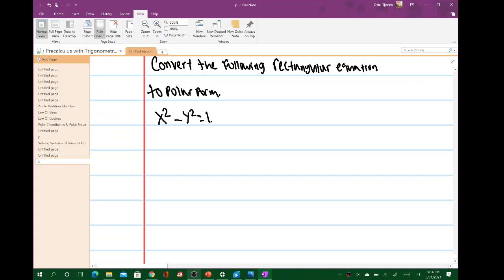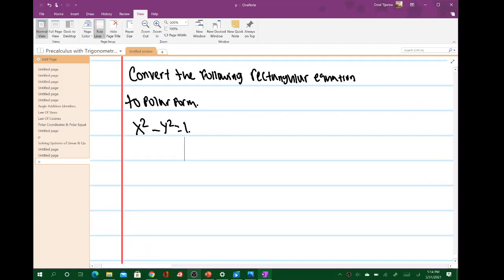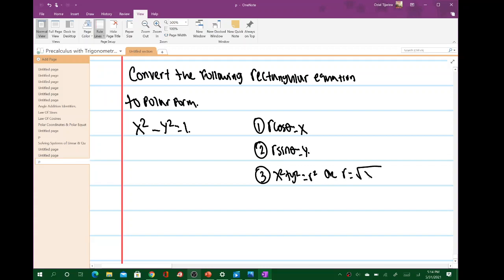And so the way that we do this, obviously, we want to again list what we know. So we know that r cosine theta is x. Number 2, r sine theta is y. Number 3, x squared plus y squared equals r squared, or r equals the square root of x squared plus y squared. Preferably they use this one though.